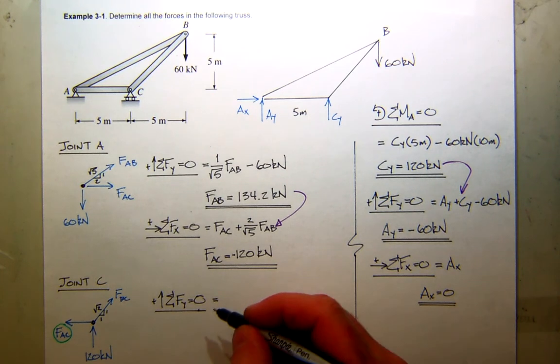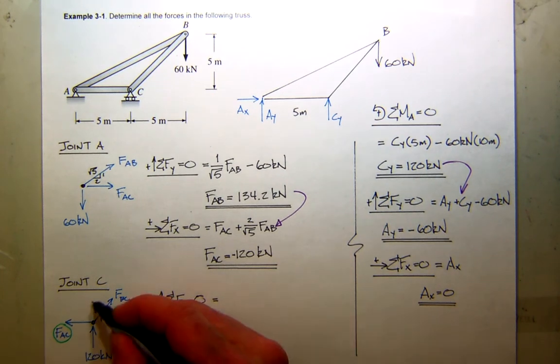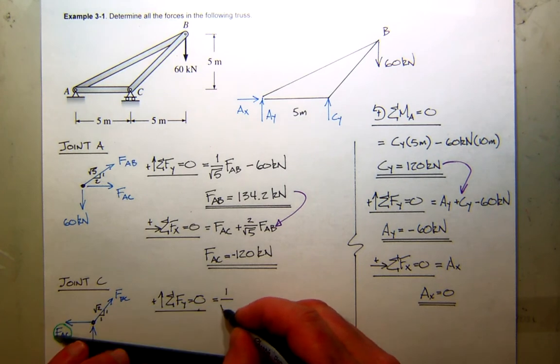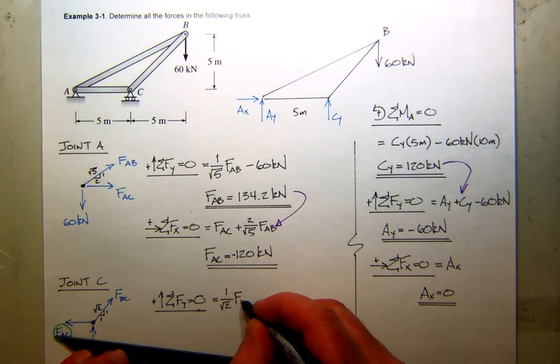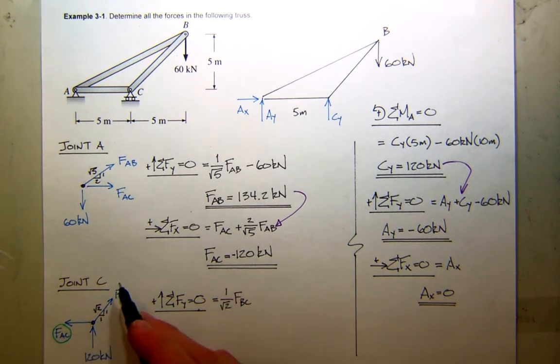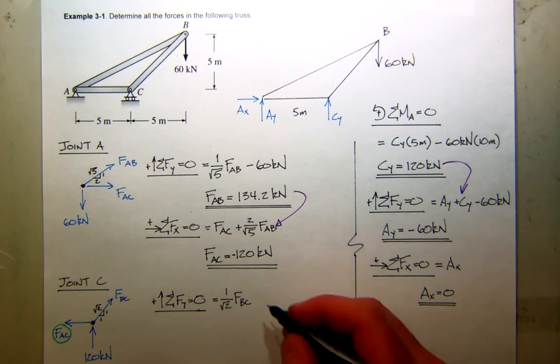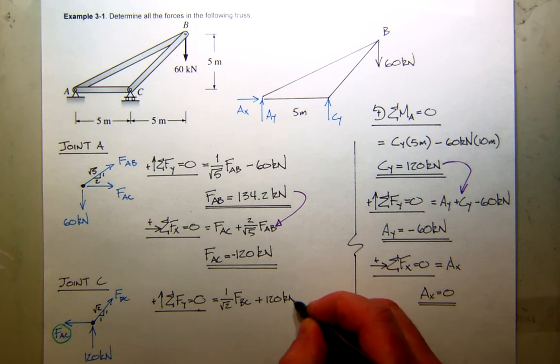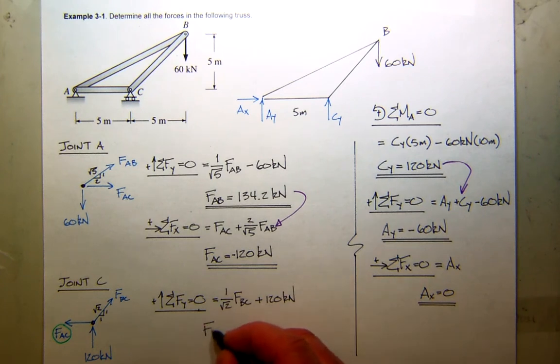And what do I get? Well, I'll need the y component here, which is acting up. So that's 1 over the square root of 2 FBC acting up. And 120 is also acting up. So I can solve for FBC.